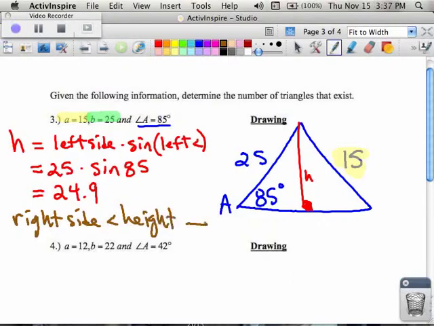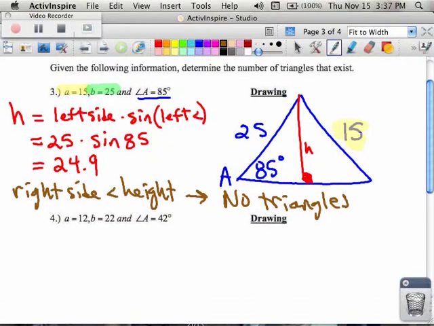What does this mean? This means that there are no triangles. Why? Because the right side is less than the height. That means the right side is actually dangling because it can never reach the base. Let's try another one.